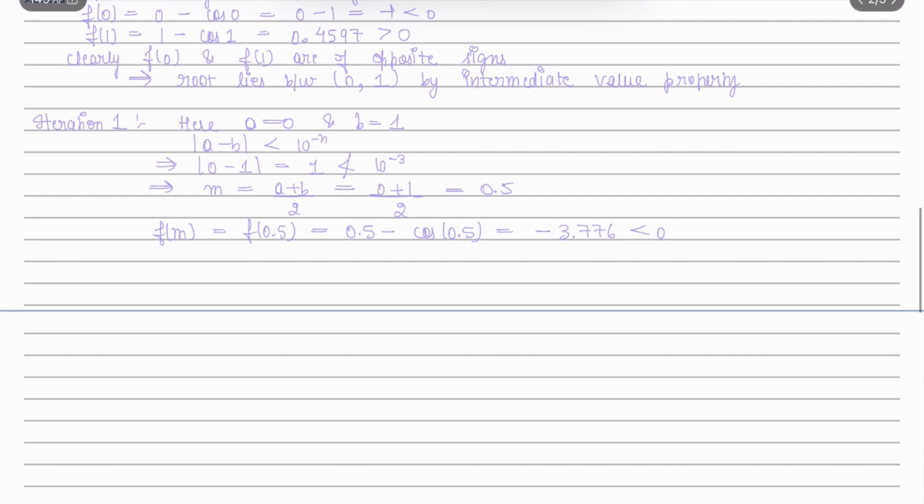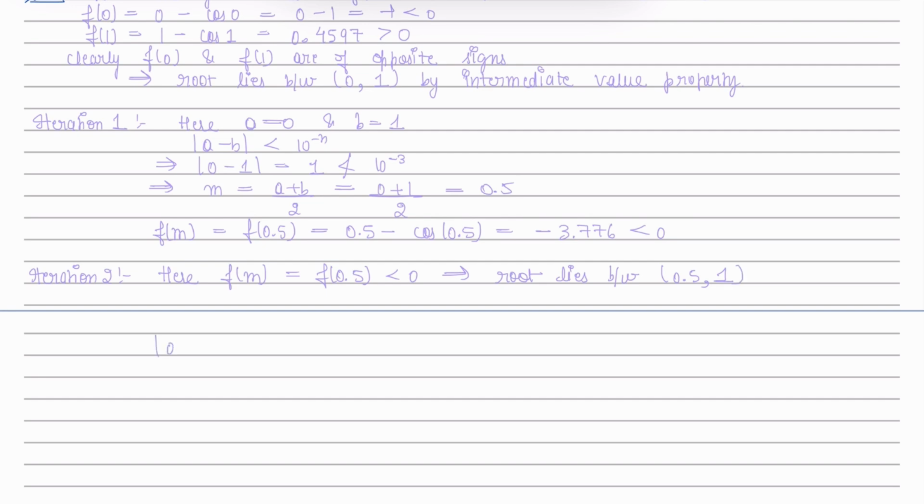For the next iteration, here the value of the function at point M is negative, which implies now the root lies between the interval 0.5, 1.